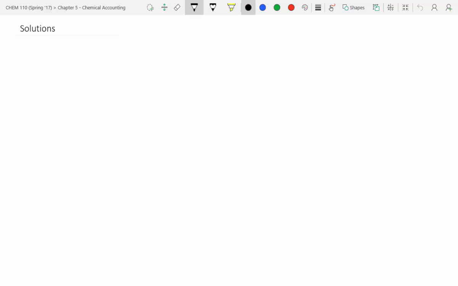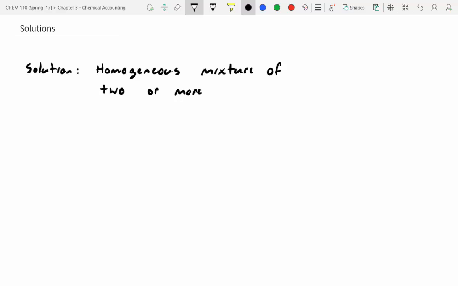Is it evenly mixed or unevenly mixed for a solution? Evenly mixed, right? So in this case, a solution is a homogeneous mixture of two or more substances.